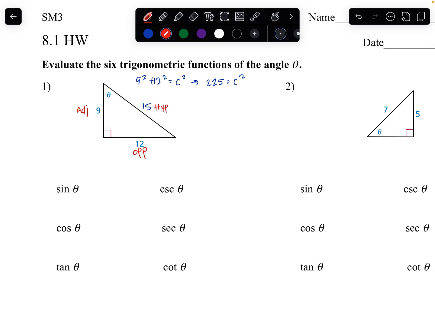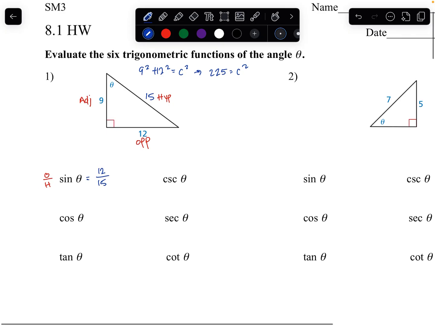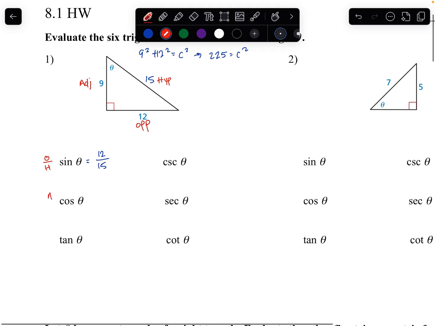And sine is opposite over hypotenuse, and so this will be equal to 12 over 15. Cosine is the adjacent side over the hypotenuse, and so this is going to be equal to 9 over 15. Tangent is equal to the opposite over the adjacent, so that's going to be equal to 12 over 9.